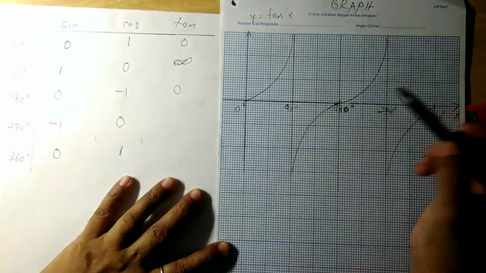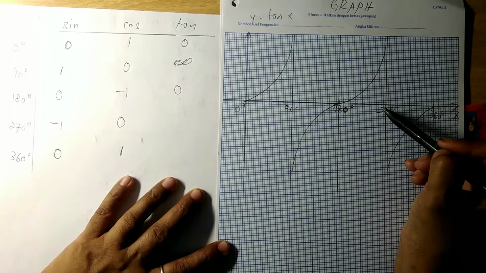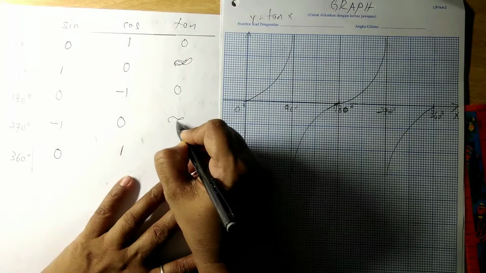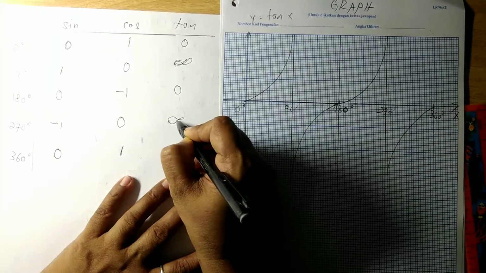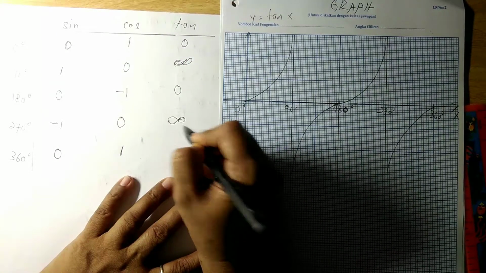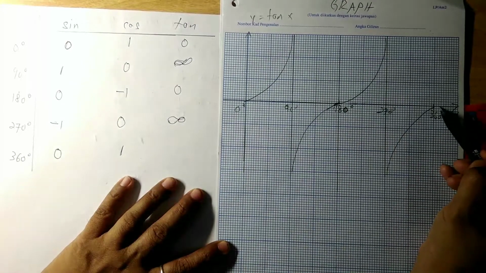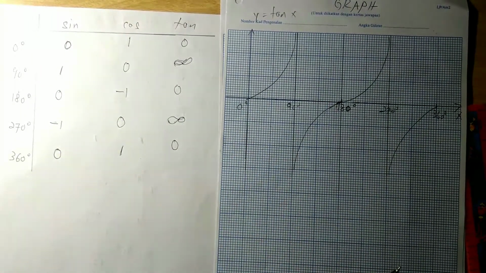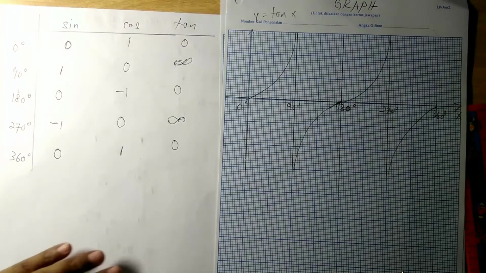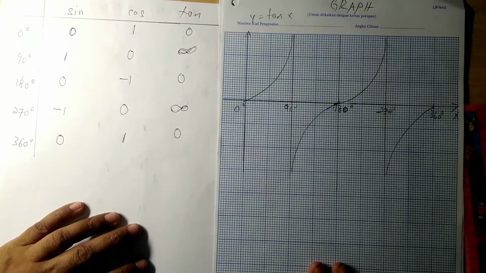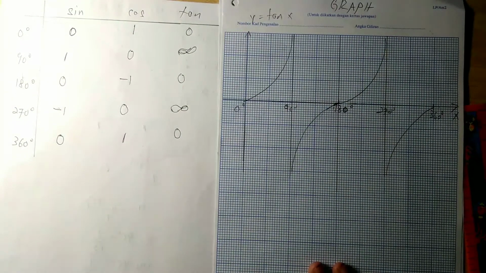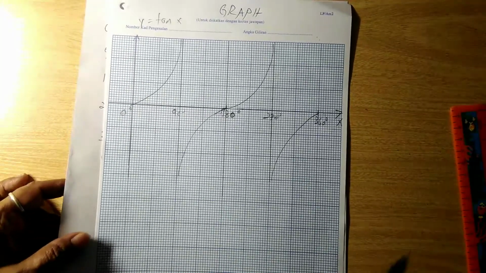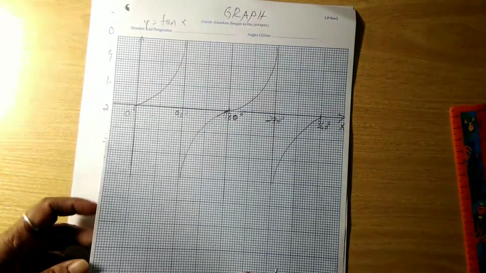At 270 degrees, it's undefined again. And at 360 degrees, it comes back to 0. So these are some of the values that you can obtain from the graph itself, if you remember the shape of the graphs, without using the calculator.